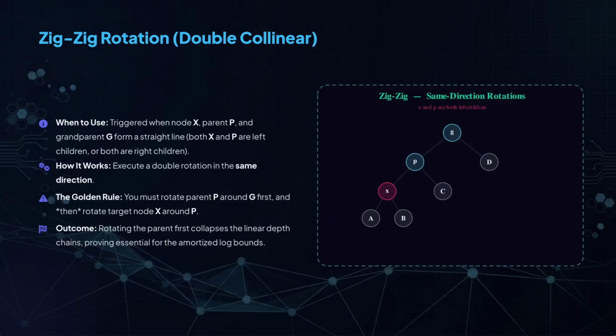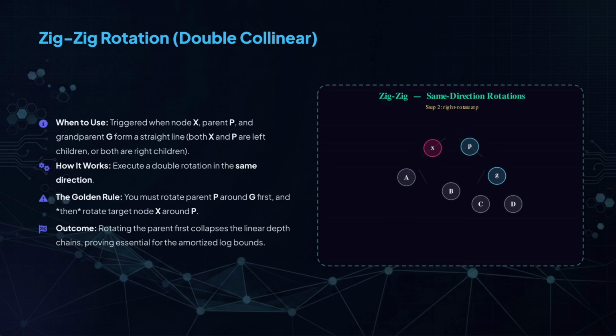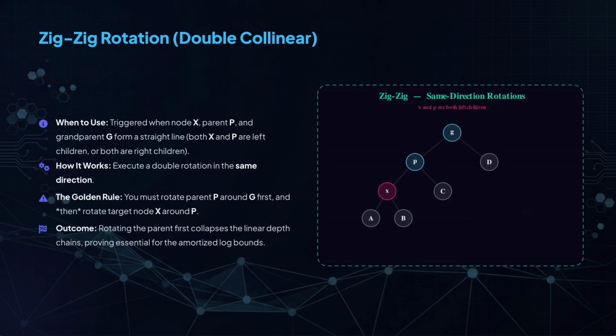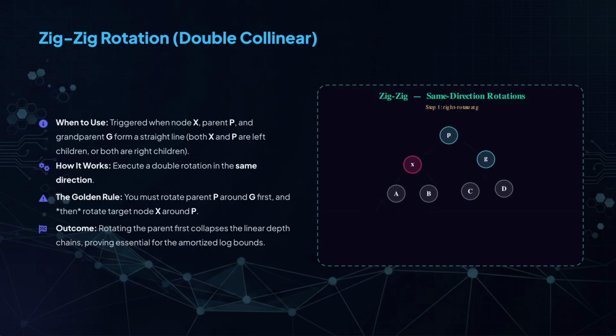So up next, we have the zig-zig rotation. It happens whenever we have a grandparent of node X, as written in the slide. It's triggered when the node X, parent P, and grandparent G form a kind of straight line, which means left child of left child, or right child of right child. So in this context, we execute the same type of rotation twice, making X the root now.